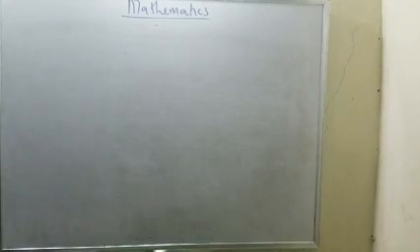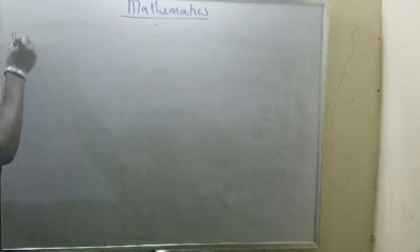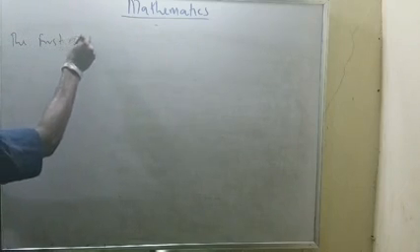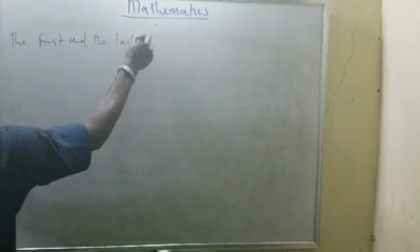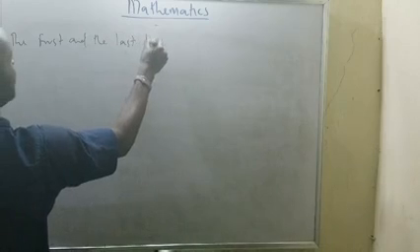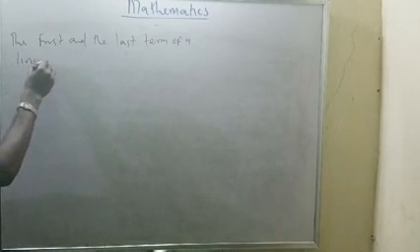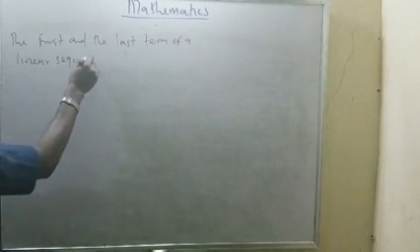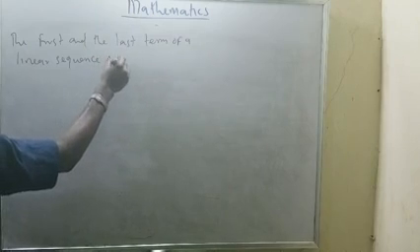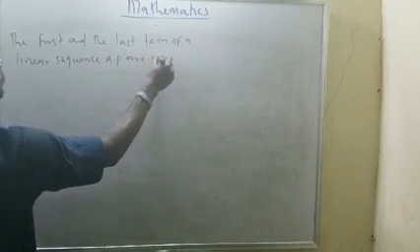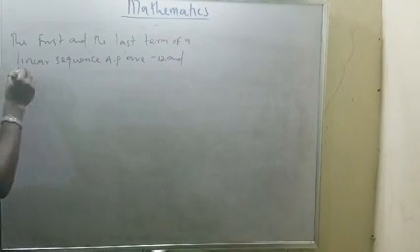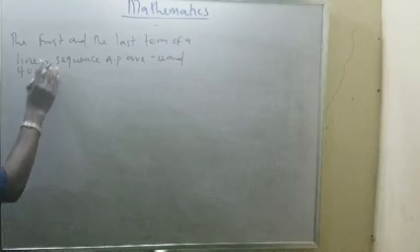For instance, the first and the last term of a linear sequence, AP, are minus 12 and 40 respectively.